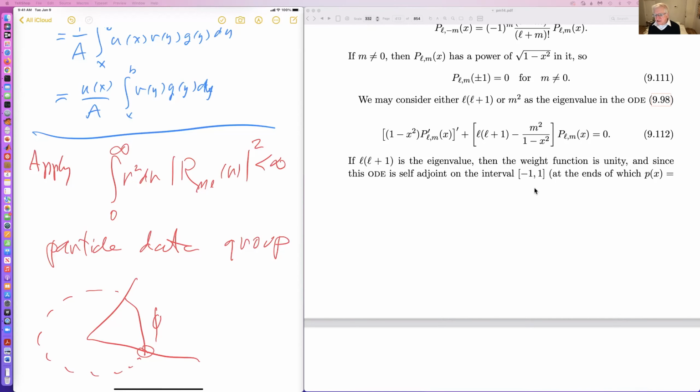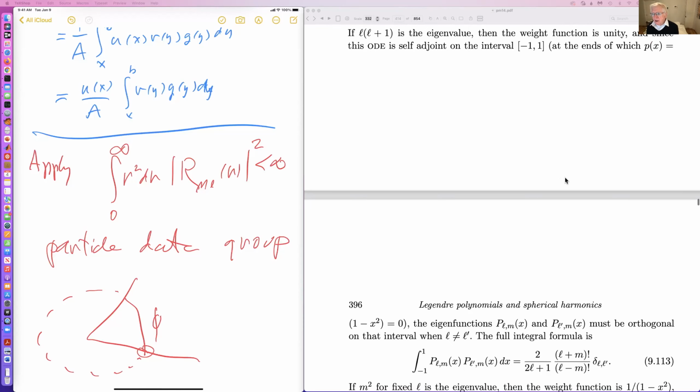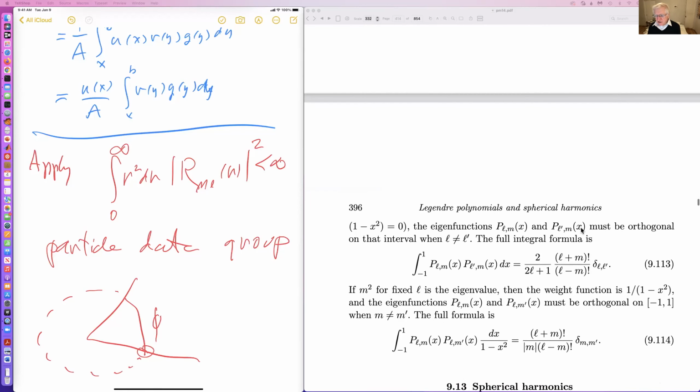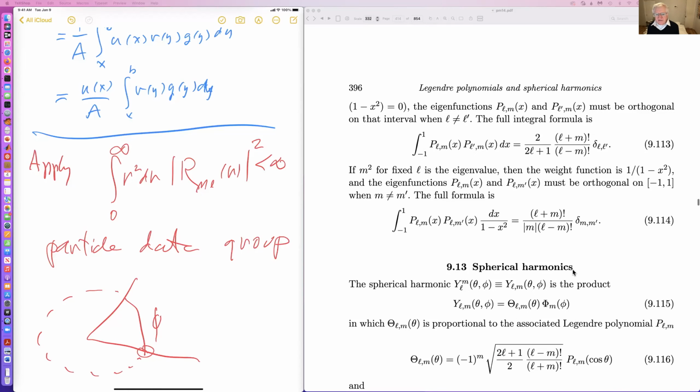And this ODE then is self-adjoint on minus 1 to 1, at the ends of which P of x vanishes. The eigenfunctions must be orthogonal on that interval when L is not equal to L prime. So for fixed m, the integral of PLM times PL prime M is proportional to delta LL prime, and this is the factor.